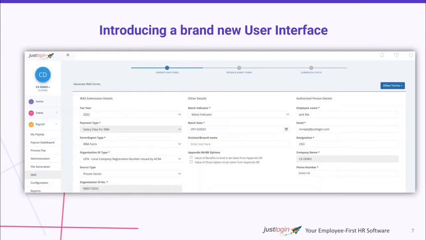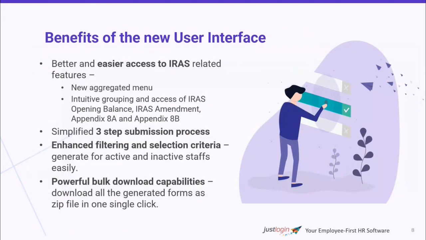So if you notice, we actually have a brand new interface this year, which looks slightly different from last year. We will be going through this during the demo later on. But what are the benefits of the new interface? It is better and easier to access the IRAS related features, which we have in a new aggregated menu, with intuitive grouping and access of IRAS opening balance, IRAS amendment, and the Appendix 8A and 8B.